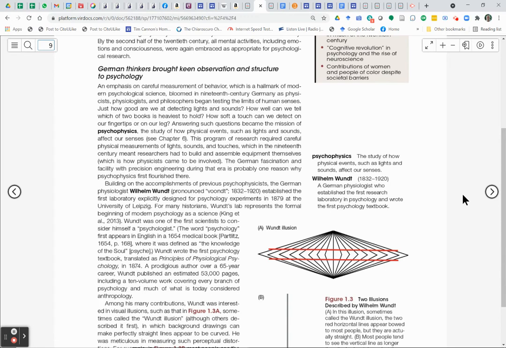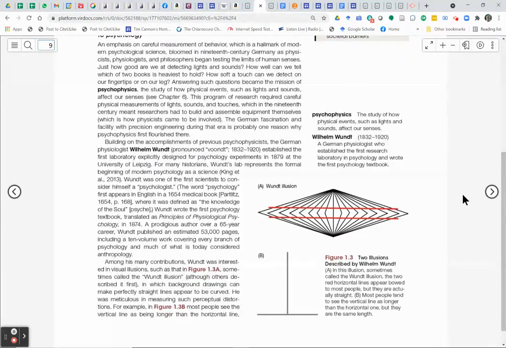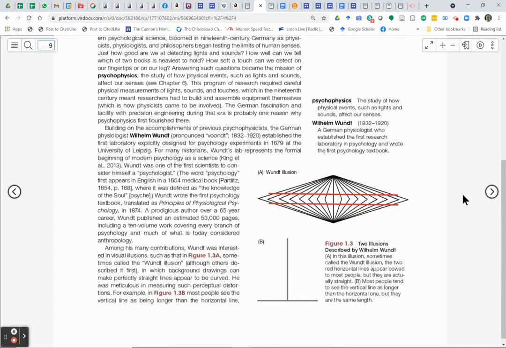But if you're dealing with a real German and you see a W, it's pronounced as a V. So that's Wilhelm Wundt. And yeah, there's an illusion that he saw, and you've certainly seen the horizontal vertical illusion. That's another one that Wundt dealt with.